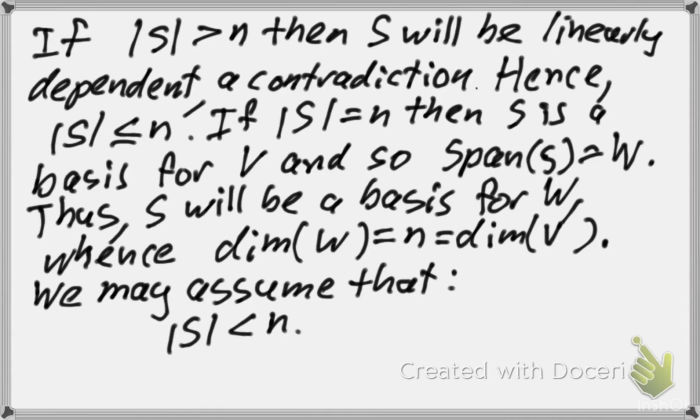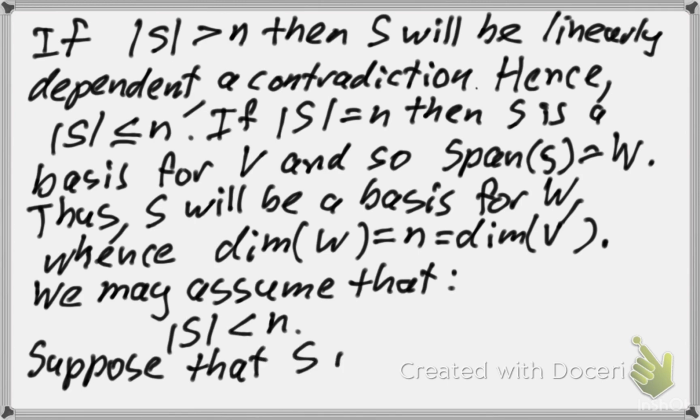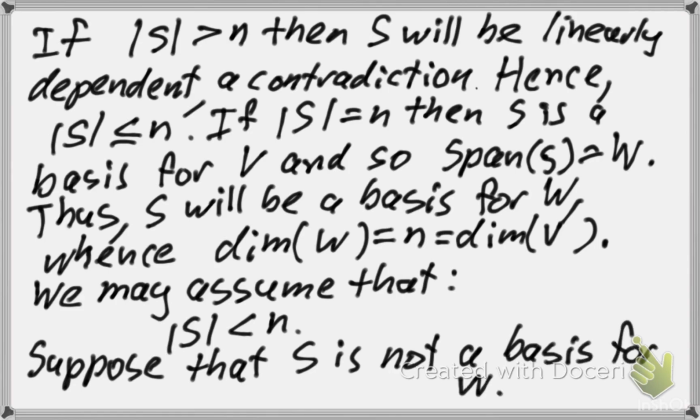I just have to check that it spans W. So suppose that S is not a basis for W. What does it mean if S is not a basis for W? It means there's a vector in W that's not a linear combination of the vectors in S.